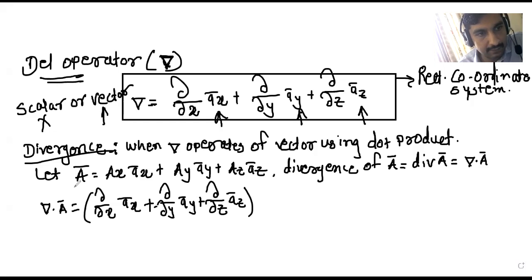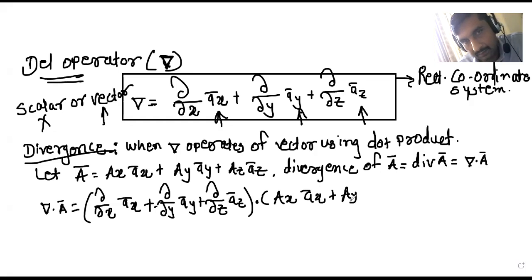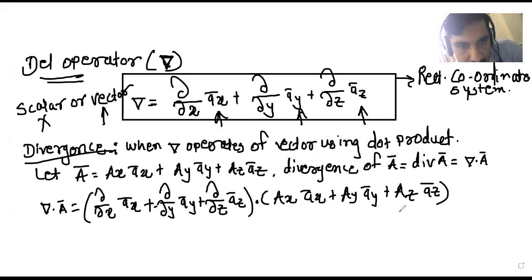And the next value is a bar, which we have assumed, this is a dot product, keep it in mind: ax a bar x plus ay a bar y plus az a bar z. So this is the second term, or you can say the vector that we have assumed.